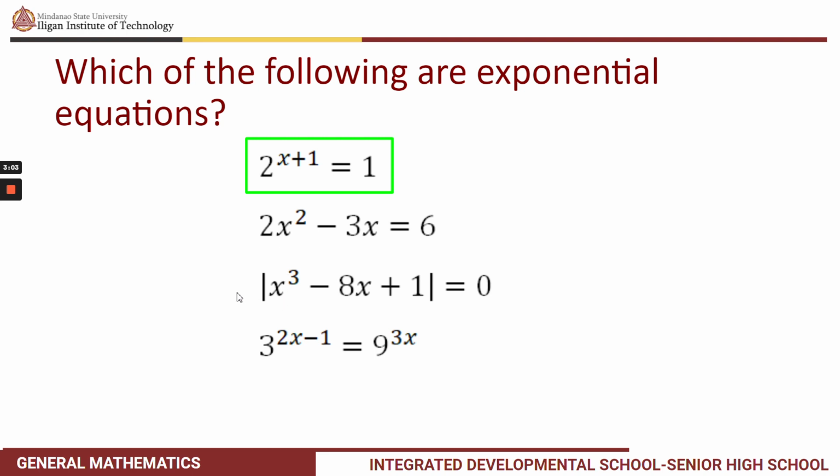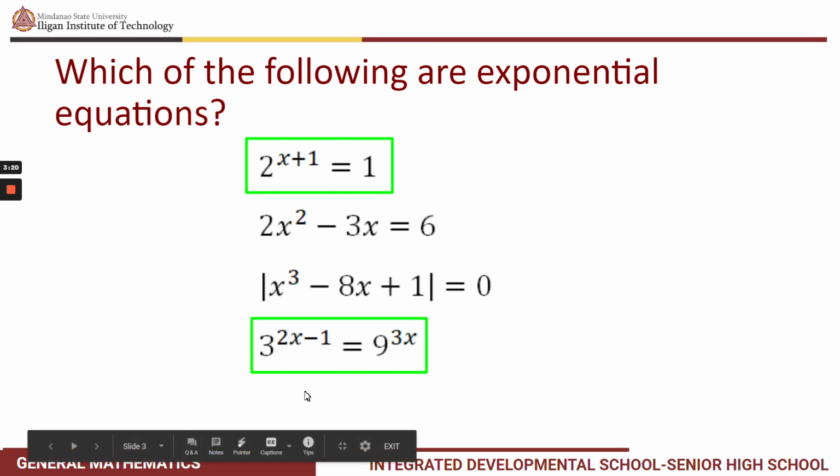Same goes with the third one. And then the fourth one, we have 2 exponential expressions, the left-hand side and the right-hand side. So this is also an example of an exponential equation. I hope it's clear to you what an exponential equation is, class.